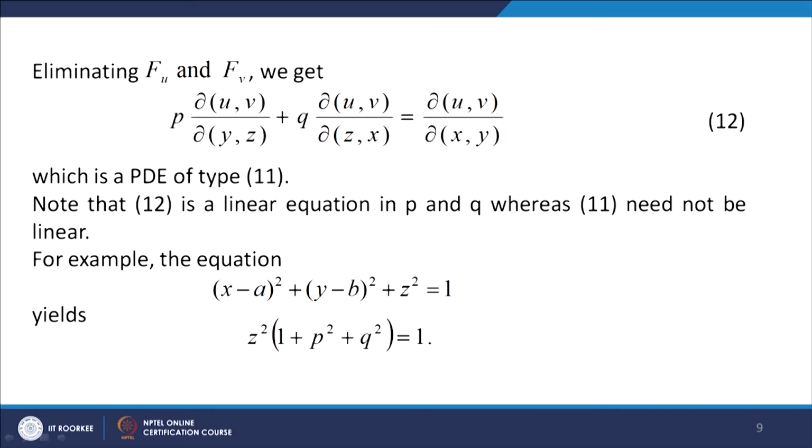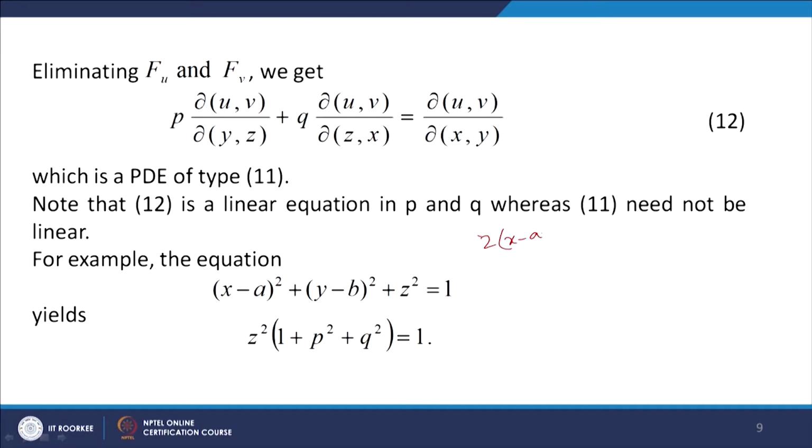So, this equation is a special case of the equation 11. Now for example, let us consider this equation: (x minus a) whole square plus (y minus b) whole square plus z square equal to 1. You can see when we eliminate the constants a and b here, it will result into a partial differential equation of first order, but it is non-linear. Let us differentiate it partially with respect to x.